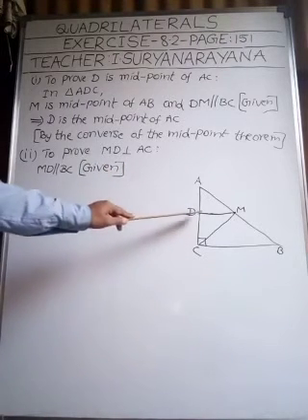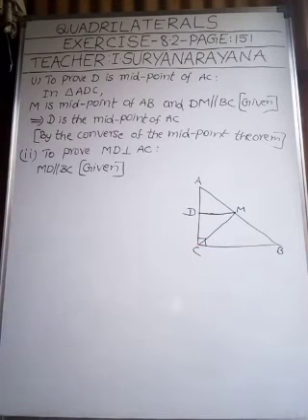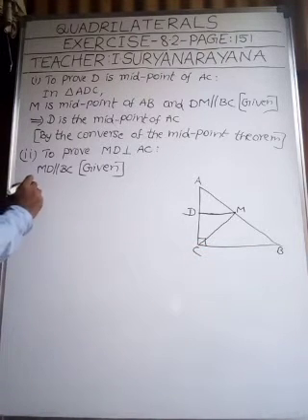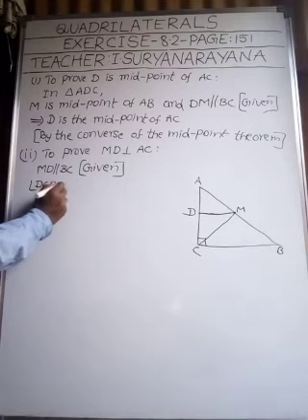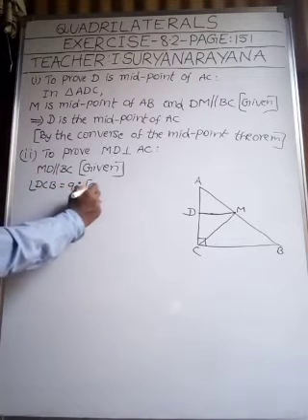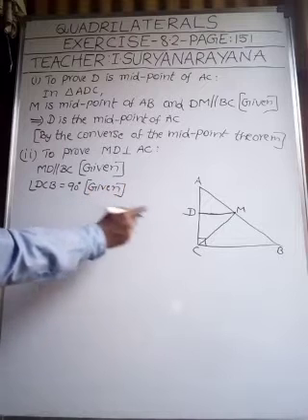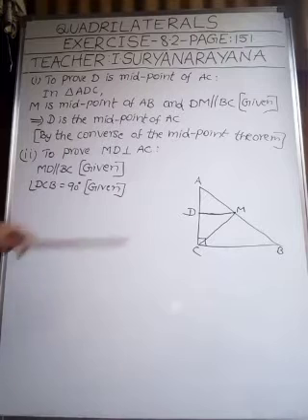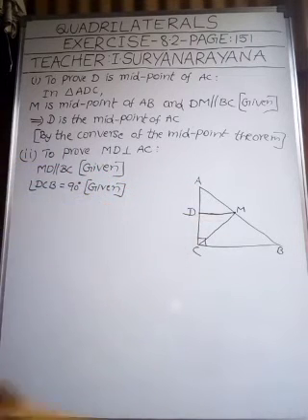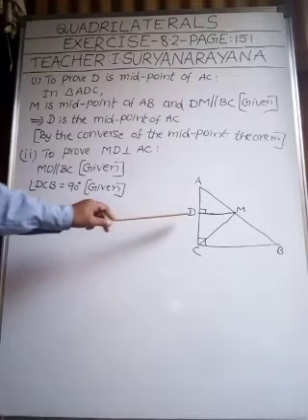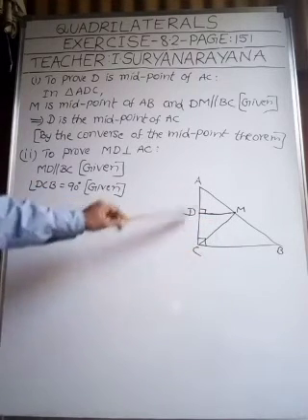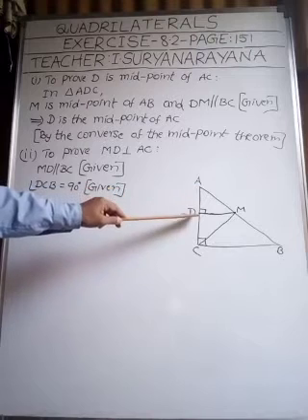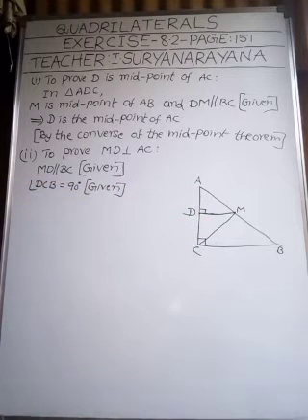Angle DCB is equal to 90 degrees. This is also given; a right angle is formed at point C. Then automatically angle ADM is equal to 90 degrees because of corresponding angles. For these two parallel lines, AC is the transversal, so angle ADM is 90 degrees.